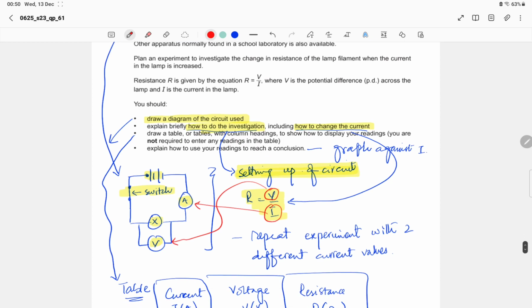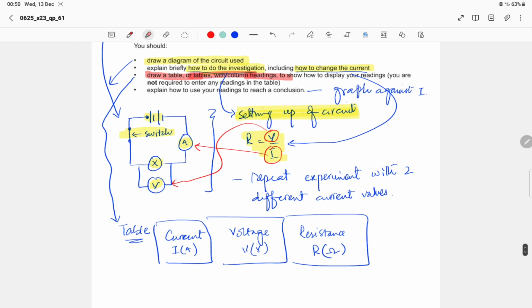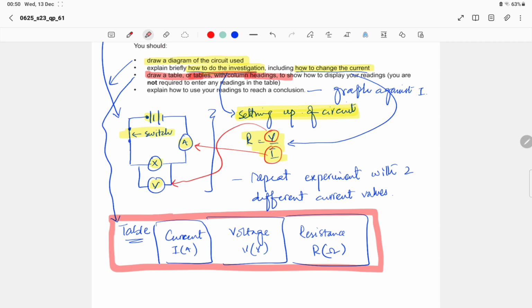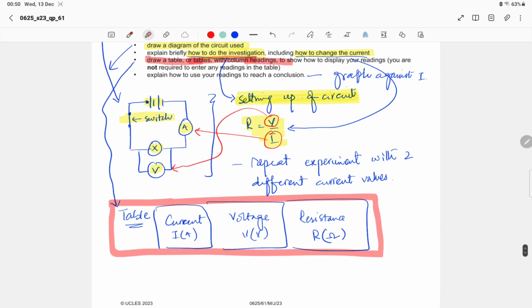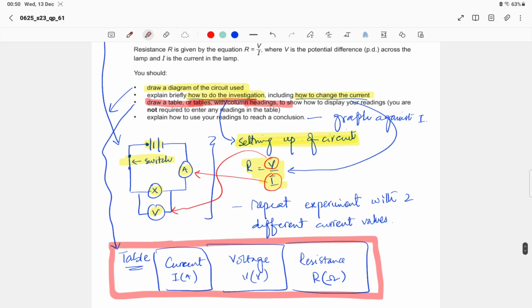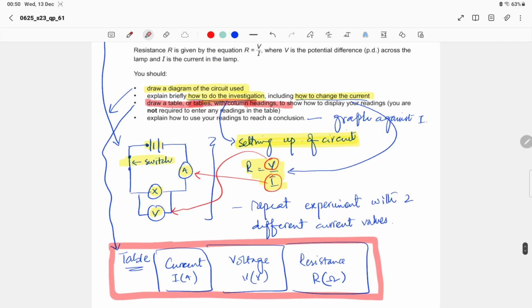Next is draw the table with columns and headings, and this is the table that you are going to make in this experiment. But again, you are not supposed to put the readings or any values over here. And in the last, you need to explain how your readings lead to a calculation.